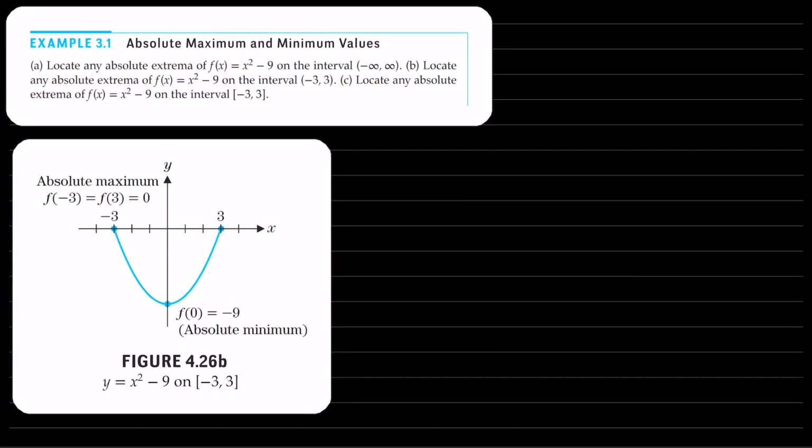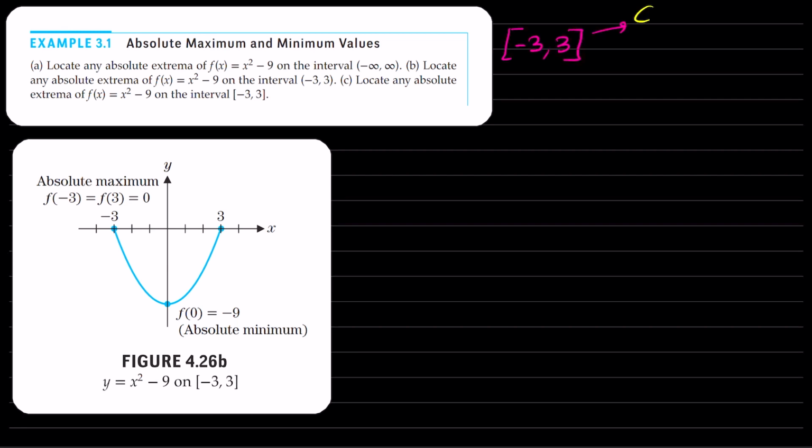Now part C. Locate any absolute extrema, meaning maximum and minimum, for the same function f of x equals x squared minus 9 on the closed interval -3 to 3.